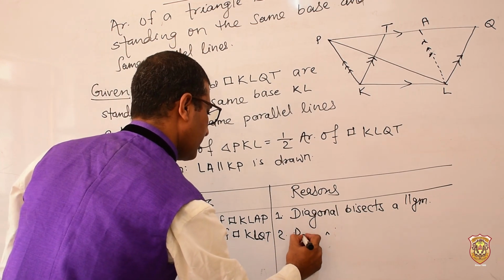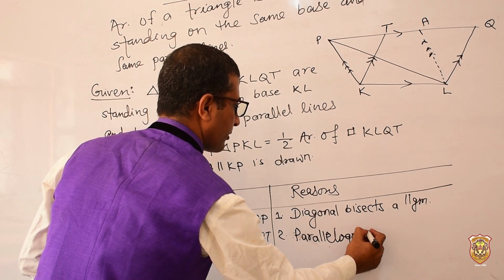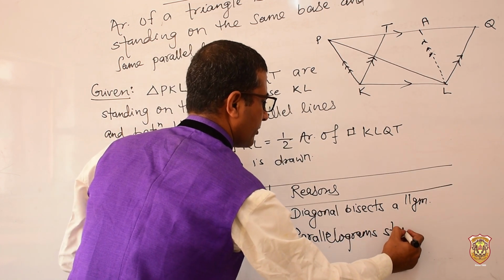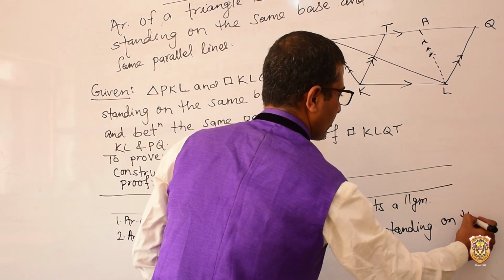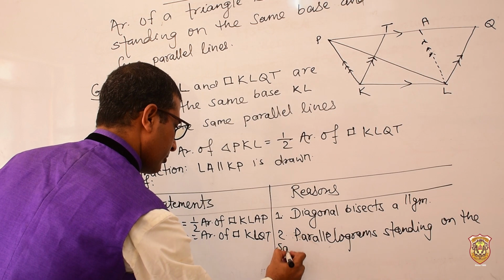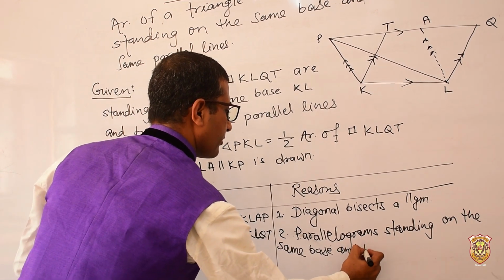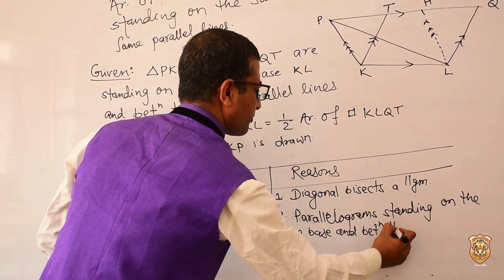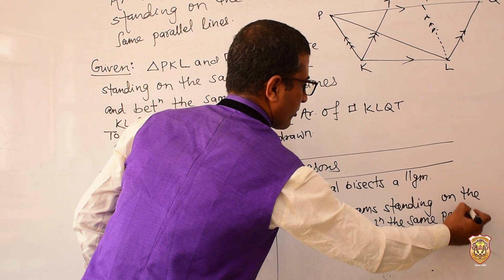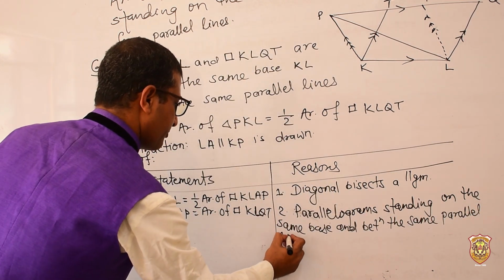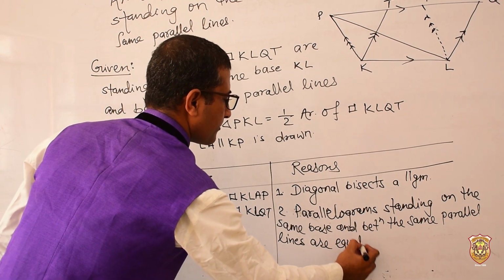We write the same as in the earlier theorem: parallelograms standing on the same base and between the same parallel lines are equal in area.